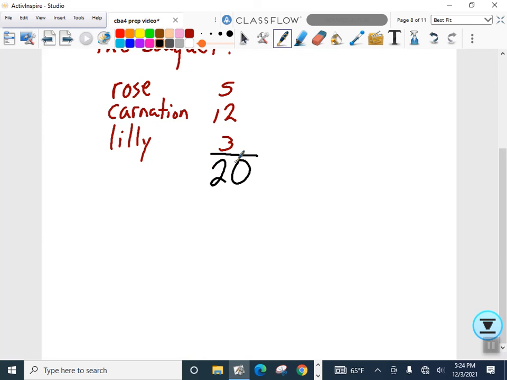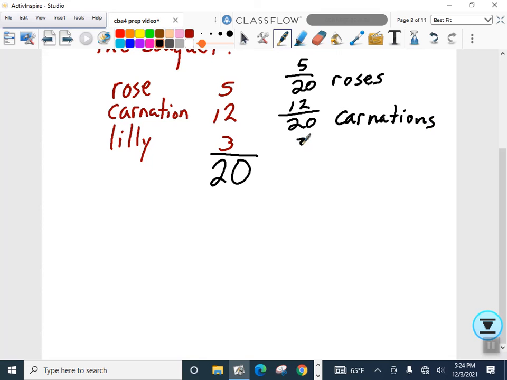There are a total of 20 flowers. 5 out of 20 are roses. 12 out of 20 are carnations. And 3 out of 20 are lilies.